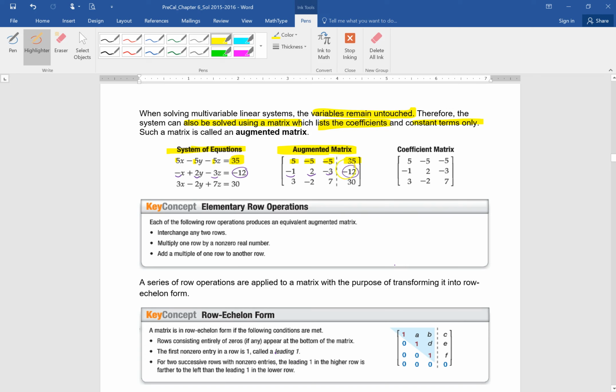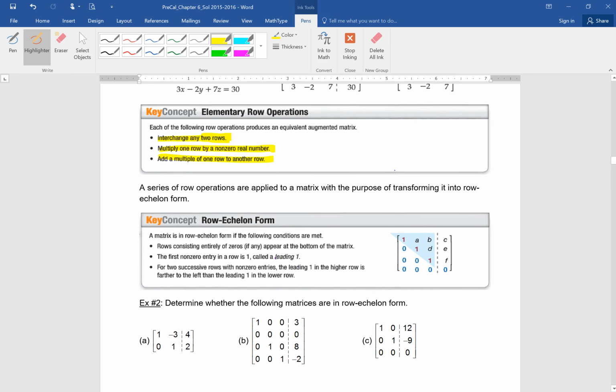If you get rid of the constants too and you just have the coefficients, cleverly, that's called a coefficient matrix. Whatever we did with the equations, like equation 1 plus equation 2, or 3 times equation 2 plus equation 3, you can do that with matrices, but use the rows. You can interchange two rows, multiply a row by a number, and add multiples of rows to other rows.